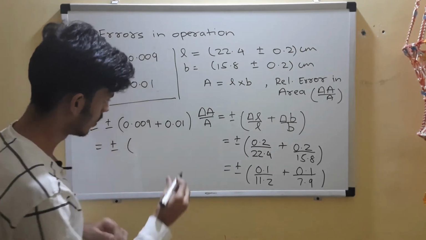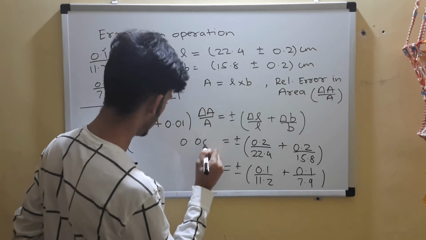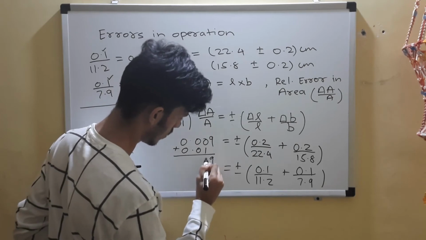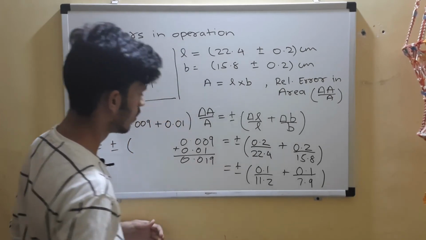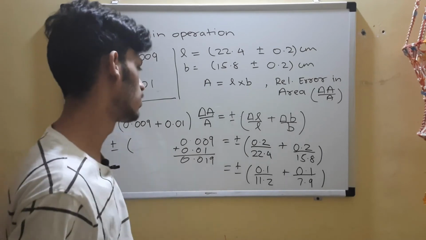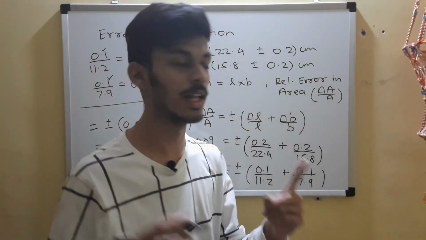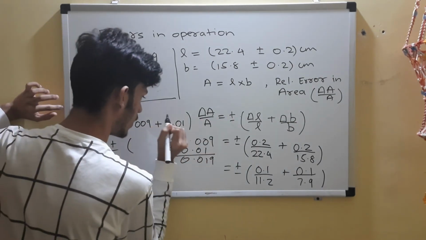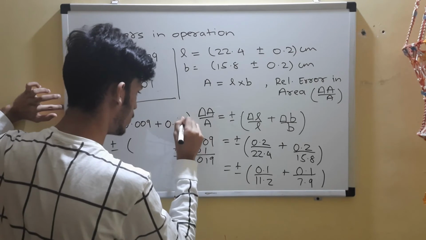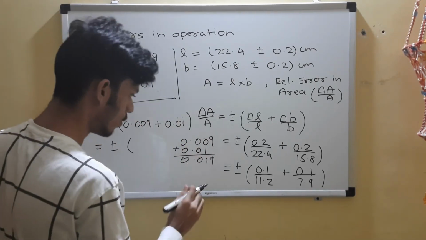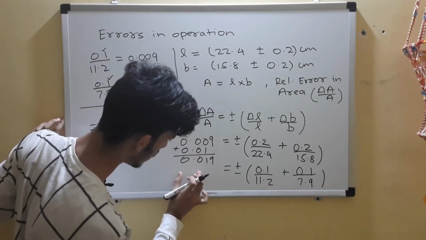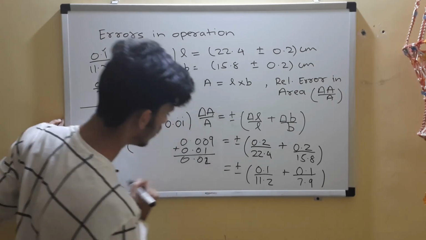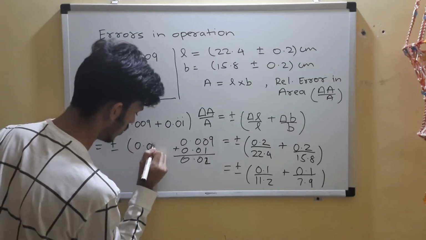So what do we get? 0.009 and 0.01 gives us 0.019. But we have to keep in mind that whenever we add, we have to follow the rules of significant figures. Here we have 2 decimal places and here 3, so we keep it to 2 decimal places. So drop this 9, and it gives us 0.02.